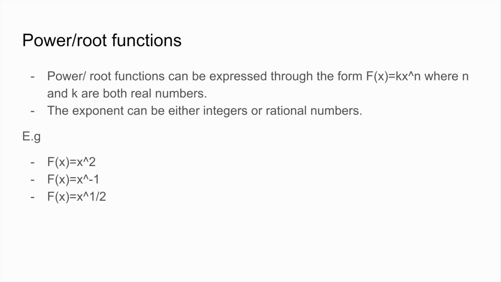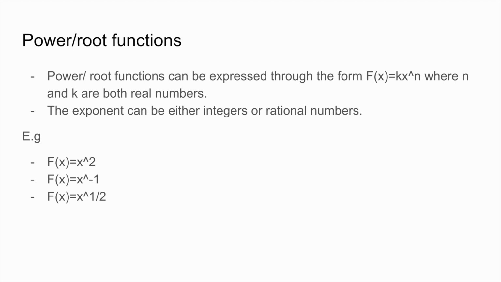Lastly, the power and root functions in algebraic functions. The power and root functions can be expressed in the form f of x equals k x with n as exponent, where n and k are both real numbers. The exponents can be either integers or rational numbers, and this type of function can include square roots or positive numbers.